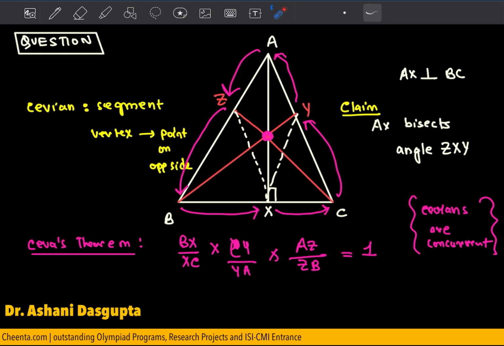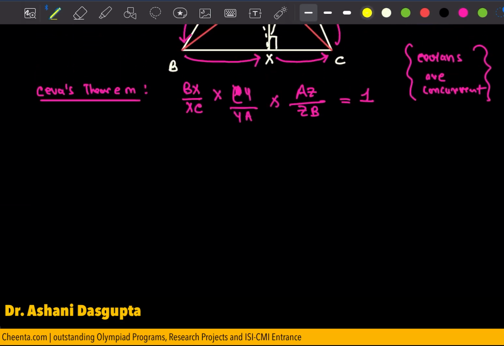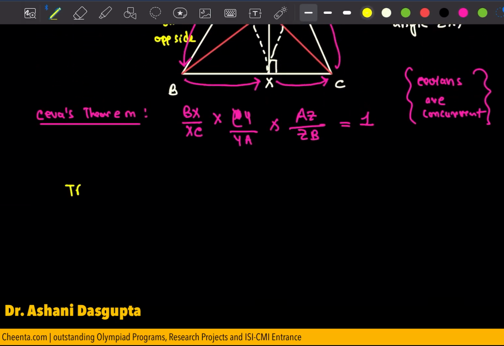We will be using Ceva's theorem here, but we will first talk about a certain trigonometric formula for the area of a triangle.